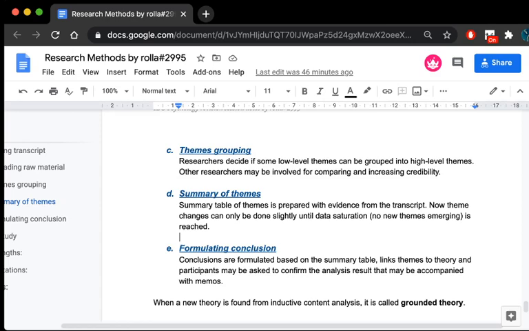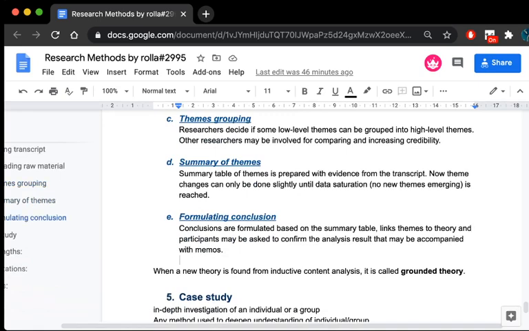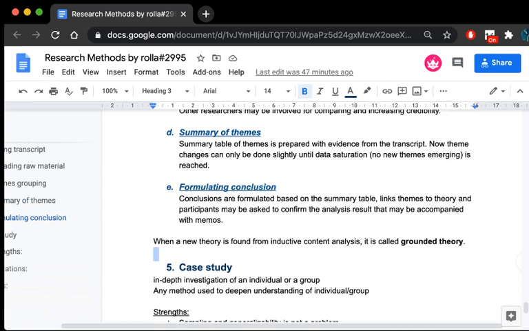In the end, after doing all these steps, they can formulate a conclusion from the summary table, and then they can link to the theory, and participants would sometimes be asked to confirm the analysis result, which is accompanied with the memo, the notes of the observations, like the behaviors that they did.